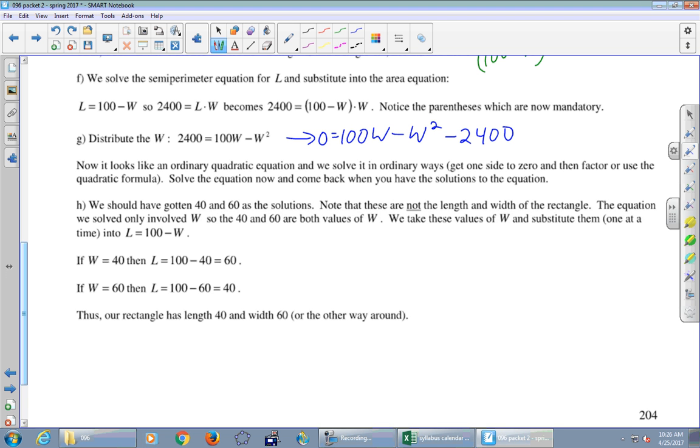And then you can solve that equation using one of two different techniques. They're both going to work. You could either use the box, it will factor, or you could use the quadratic formula. You'll get the same answer either way. When you solve this equation, you will get W equals 40 and W equals 60.